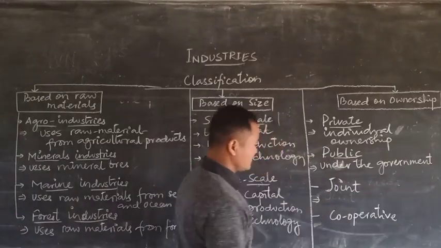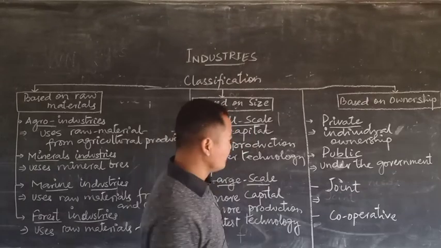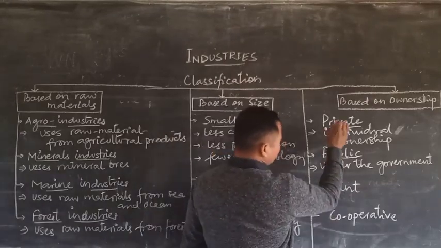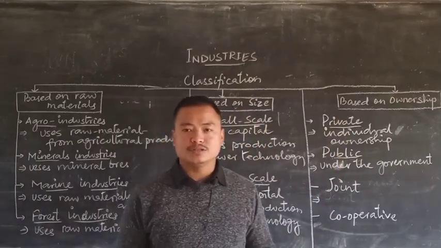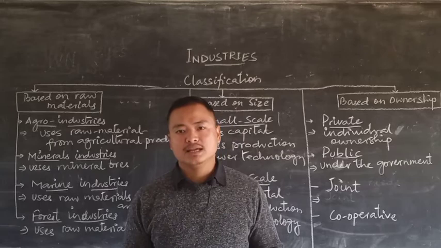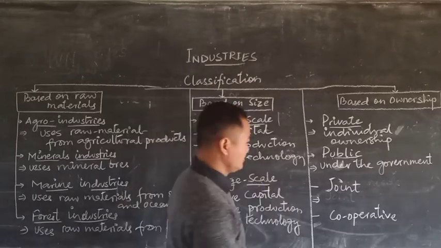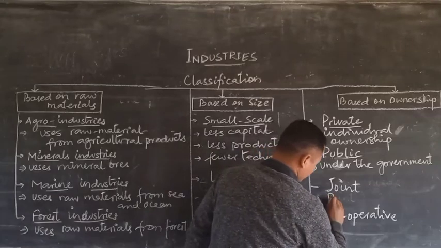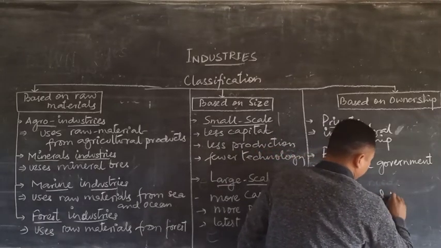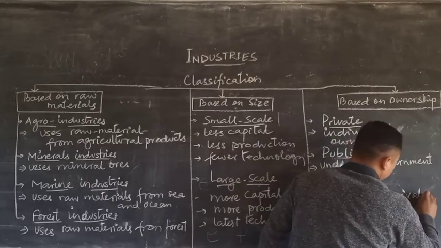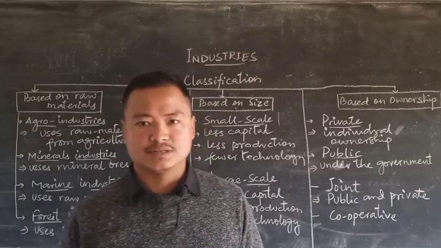In joint sector industries, or joint industries, we find that both private and public, that means a group of individuals and the government, work together. In such a case, we call it joint industry. So here you find public and private working together is what we call joint industries.